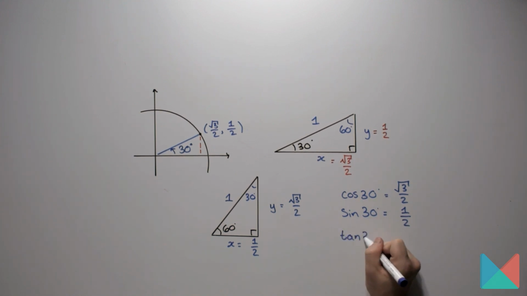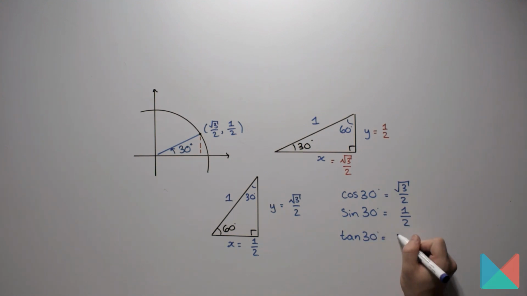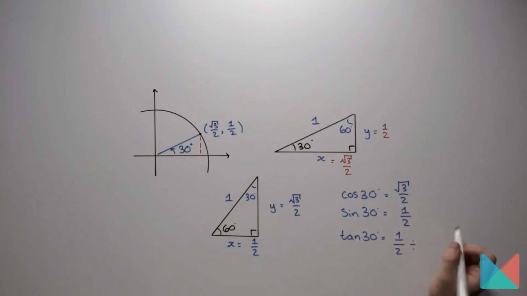And tan of 30 degrees, well, that will be sine divided by cosine. So that's going to be 1 divided by 2 divided by our cosine, which is root 3 on 2. And we can flip the fraction and make it a times. So we get a half multiplied by 2 over the square root of 3. And you can see that these 2's cancel out, and we're left with 1 over root 3.